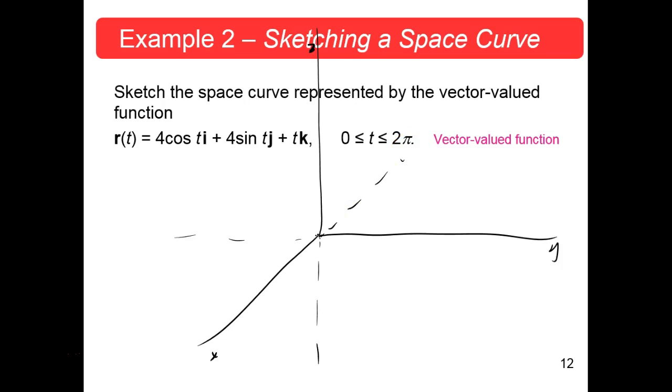Okay. Sketch the space curve represented by the vector value function R of t equals 4 cosine t i plus 4 sine t j plus t k, 0 to 2 pi for t's. So let's start with t equals 0. Where do we begin?